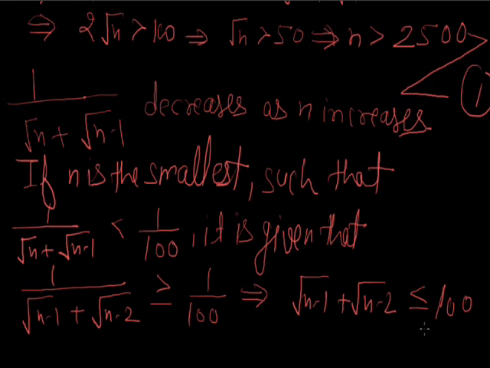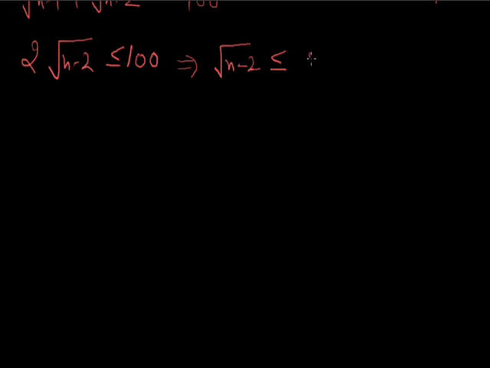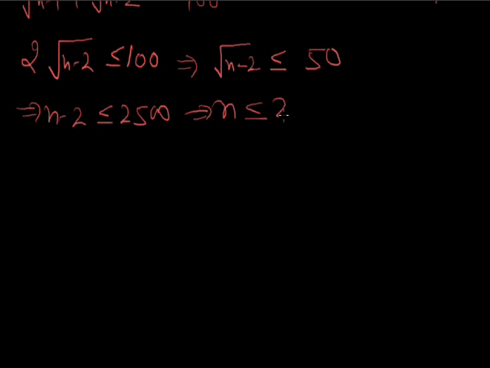Similarly, if root n minus 1 plus root n minus 2 is less than or equal to 100, then root n minus 2 plus root n minus 2 is also less than or equal to 100, or 2 root n minus 2 is less than or equal to 100. From here root n minus 2 is less than or equal to 50, or n minus 2 is less than or equal to 2500, or n is less than or equal to 2502.